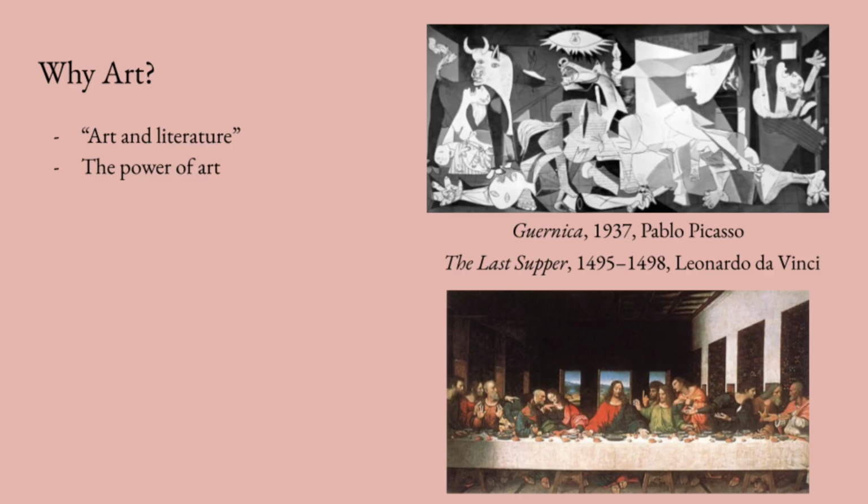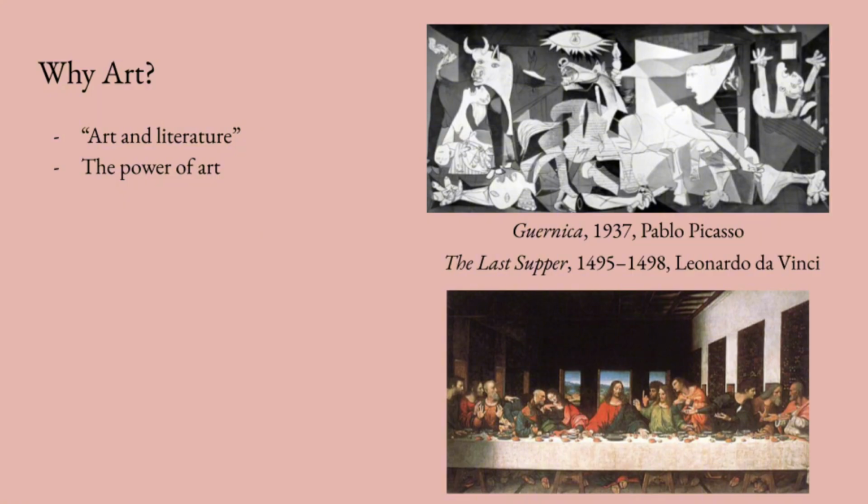The reason I chose to do art instead of literature is because I believe that art has played a unique role in shaping civilizations and making us humans as we are today. Throughout time, art has been a vessel for individuals to express themselves, reinterpret the world around them, and communicate religious beliefs.